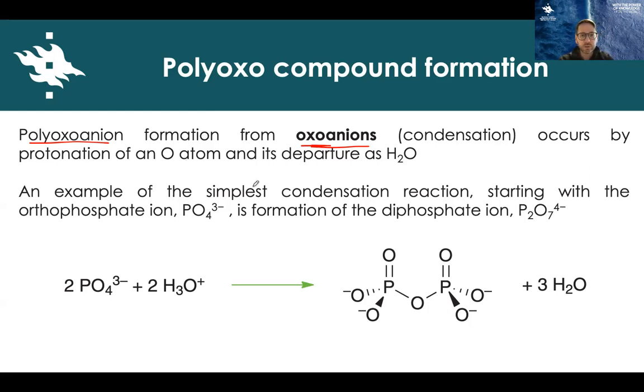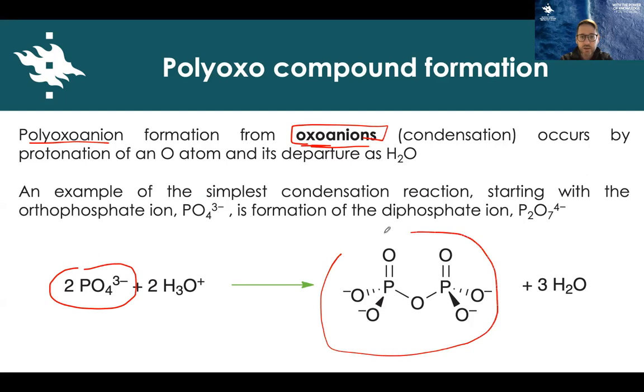One example of this simplest condensation reaction in oxo anions is the condensation of 2 phosphate molecules in the presence of acid, which leads to the formation of the diphosphate ion, represented here in this picture.